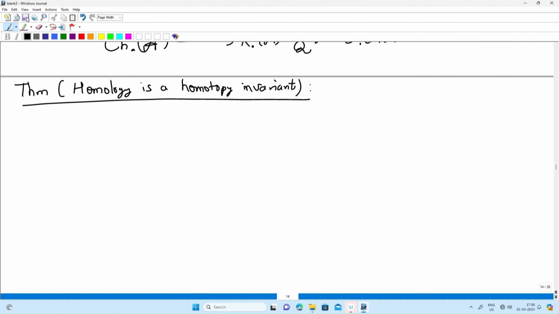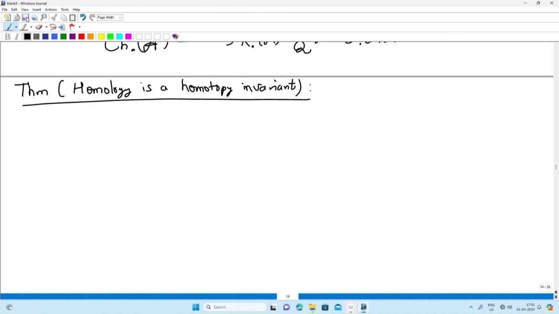Not that CH to D dot A is the same as CH to K dot A to D dot A. But if there are two chain maps which are homotopy equivalent between two chain complexes, then they will induce the same maps between homologies.